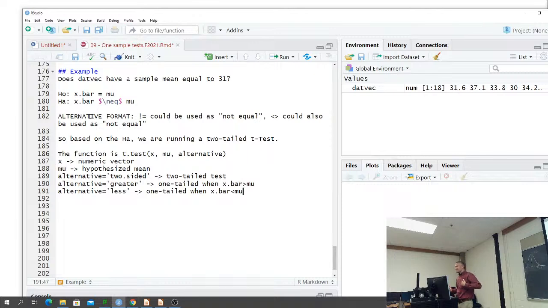Now, you don't necessarily have to include it. Like the default is two-tailed. All right, that's our default. So we can leave that off, and R will run a two-tailed test for us. I recommend always including an alternative just so you can read your code.